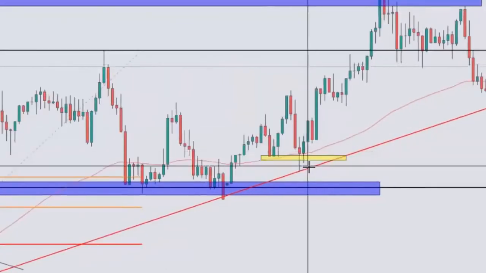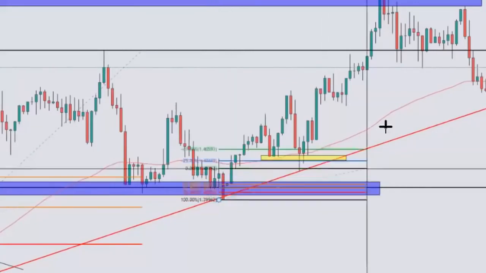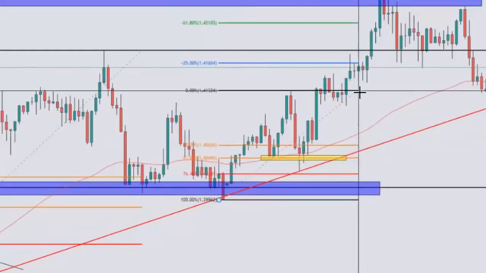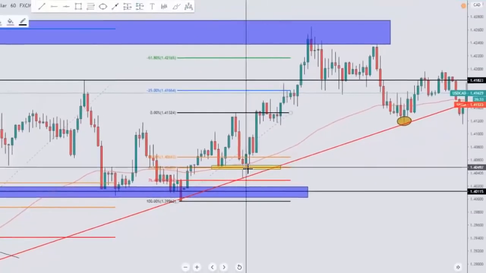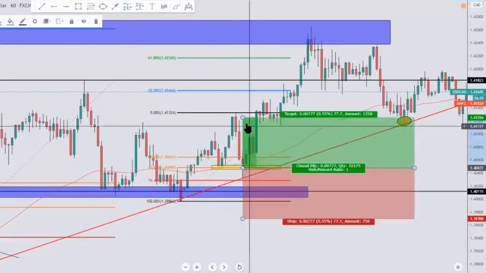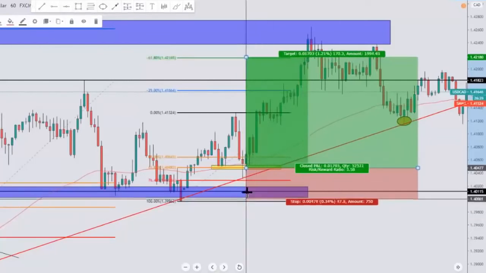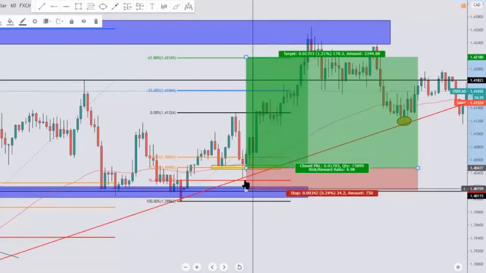So we find our entry and we ride it to our fib take profit levels, which is just around here. And our stop loss, we usually want to have our stop loss depending if there's any wicks below.